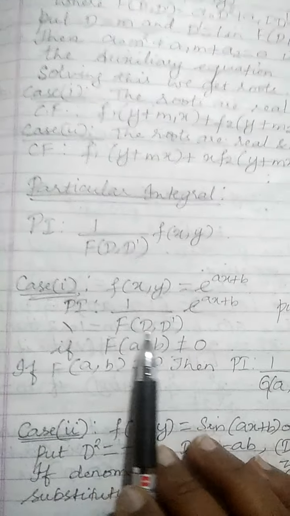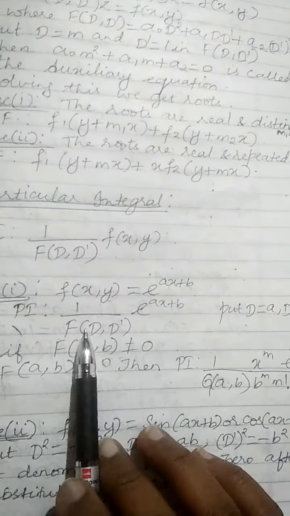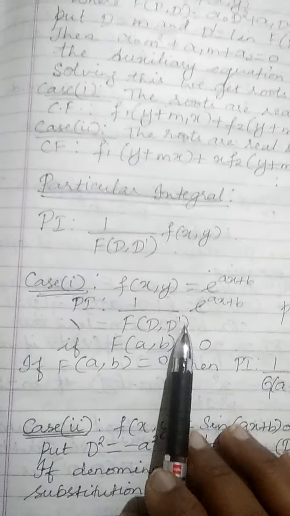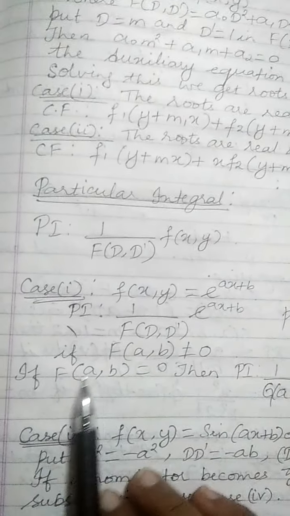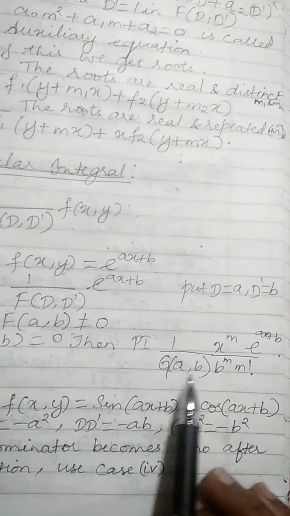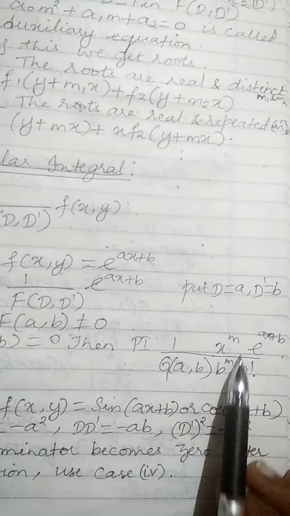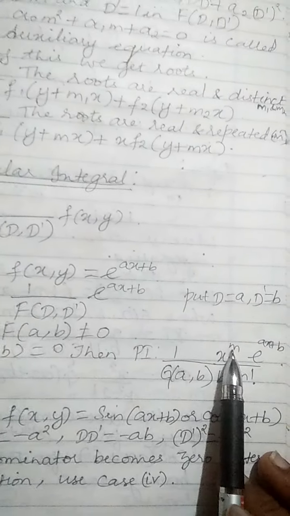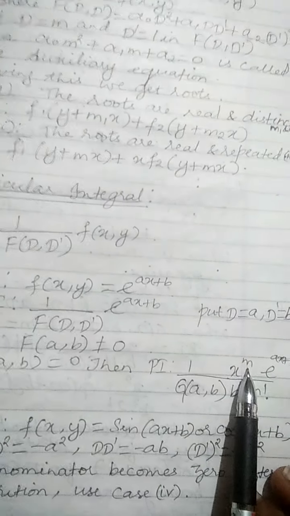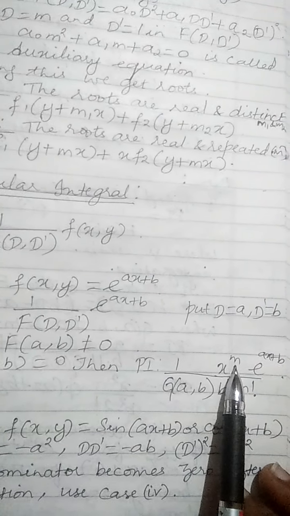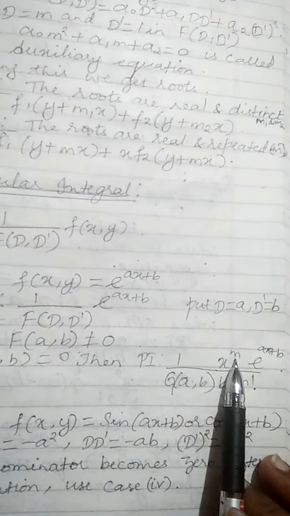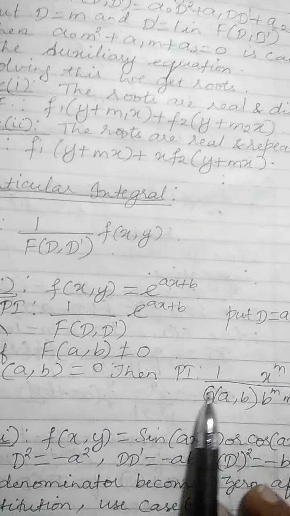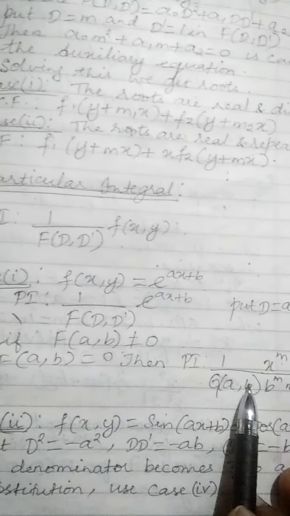In case after substitution the denominator becomes 0, then we have to use the formula 1/g(a,b) x^m/(a^m m!) e^(ax+by), where m is the number of zero factors, and g(a,b) is the non-zero value.